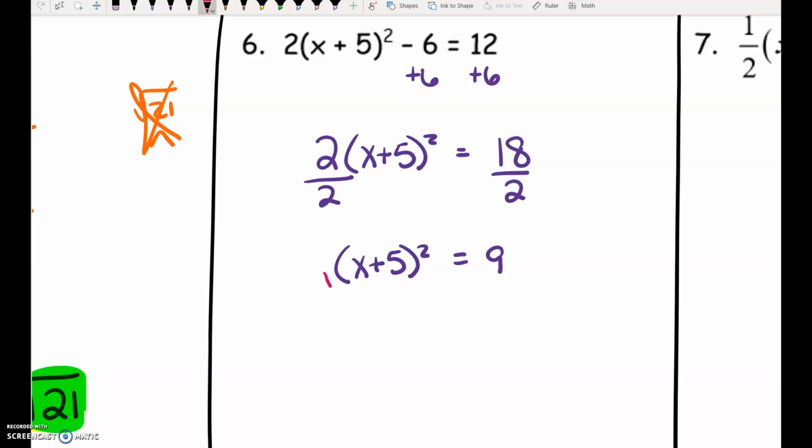To get rid of the square, we square root. What is the square root of 9? So x plus 5 equals positive or negative 3.